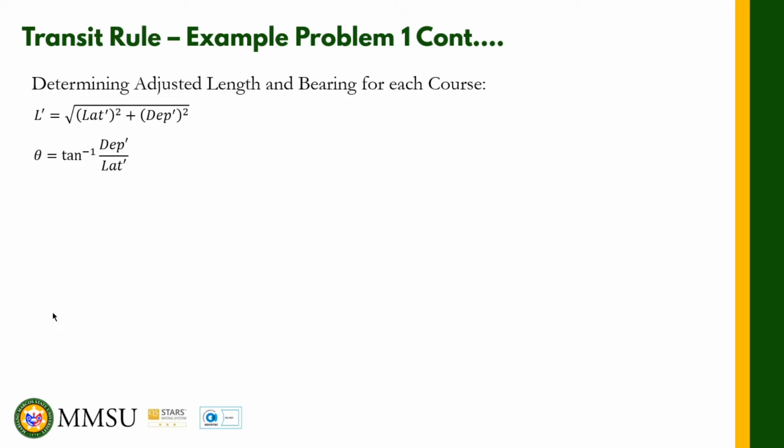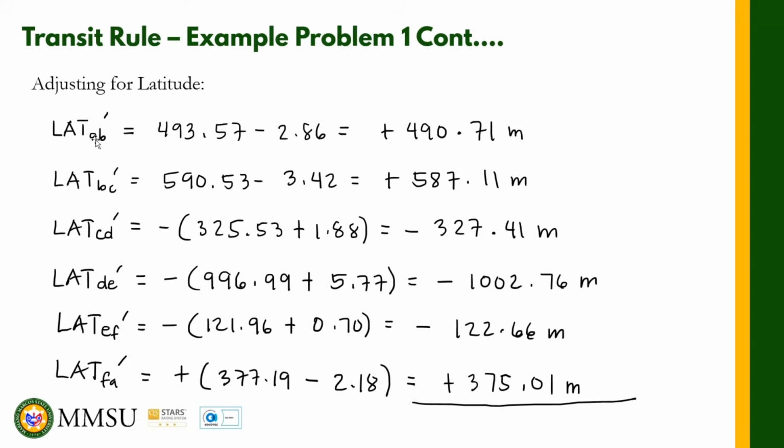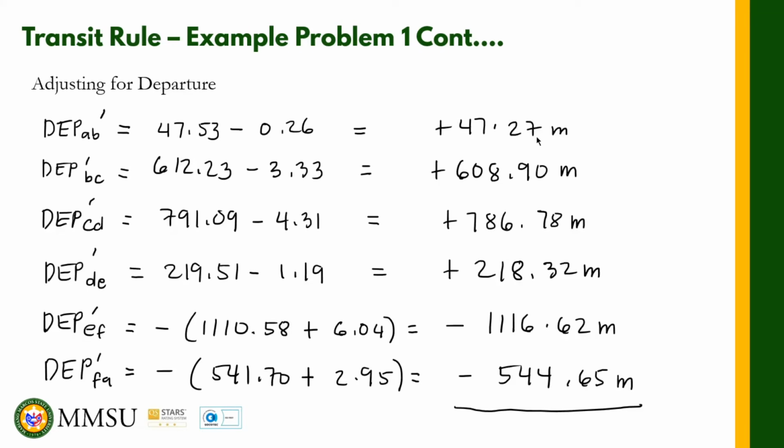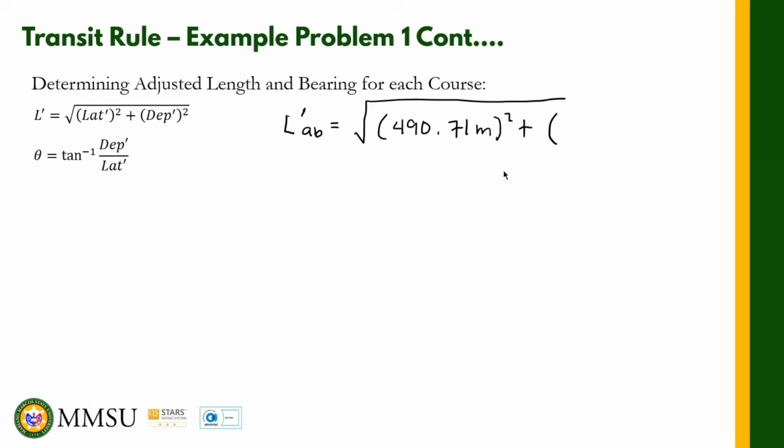First, for AB, the adjusted length of AB is equal to the square root of the adjusted latitude of AB, which is 490.71 meters, squared, plus the adjusted departure of AB, which is 47.27 meters, squared. This is the Pythagorean theorem.